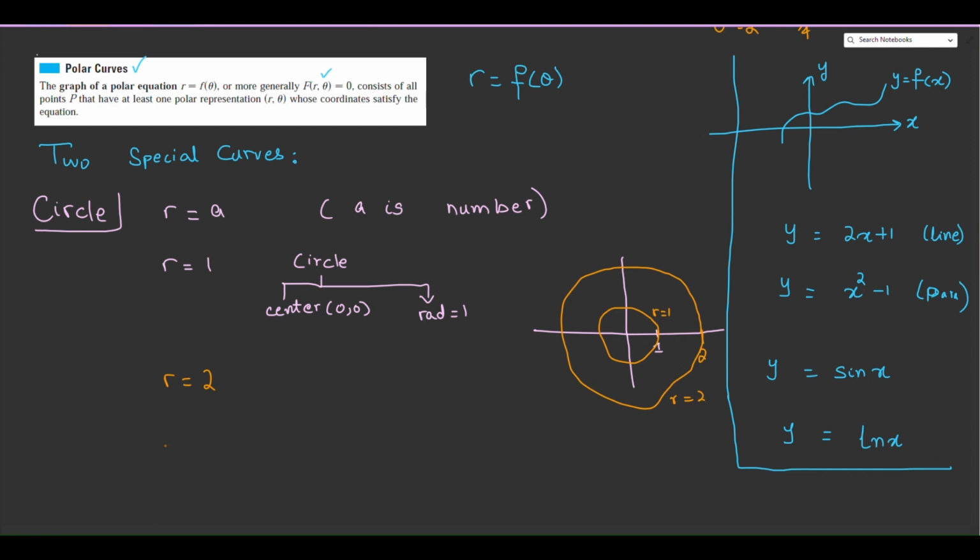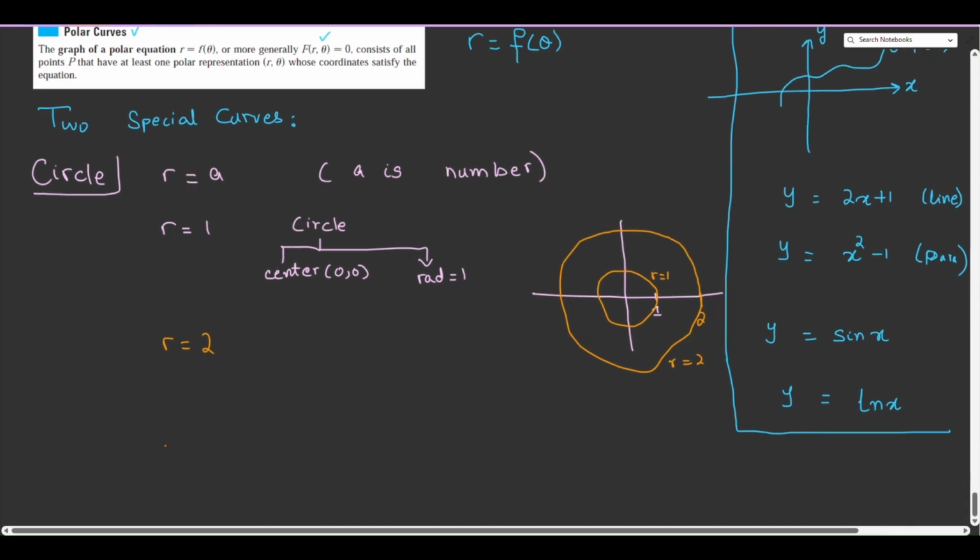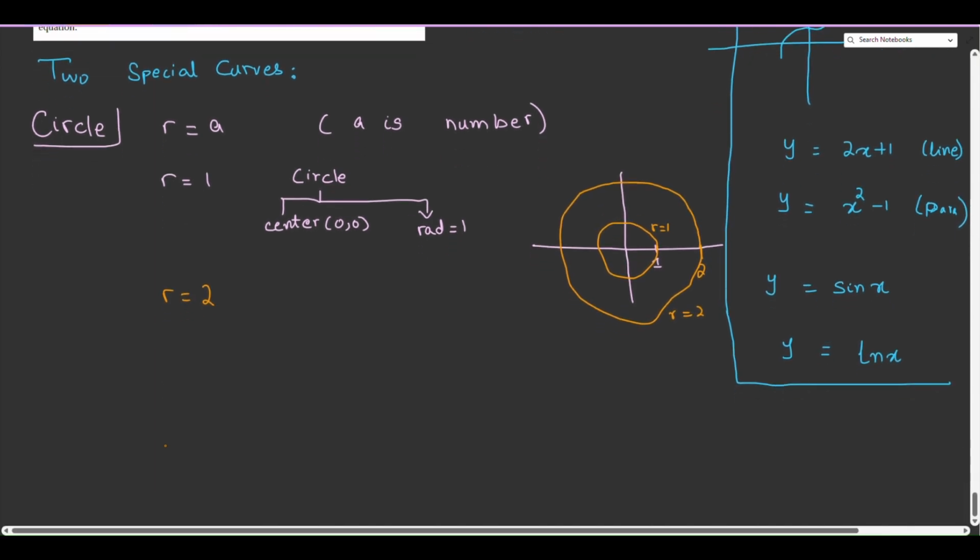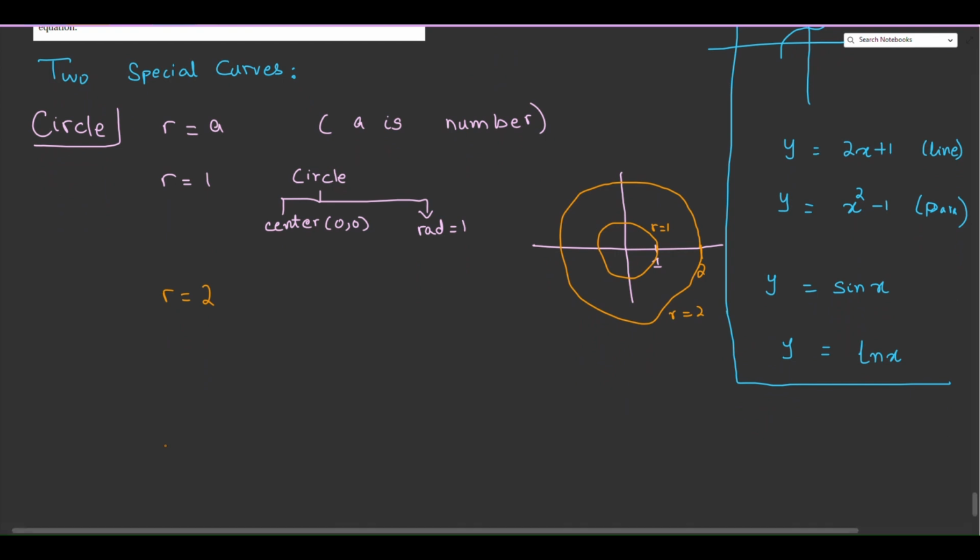If this is given to you, just by looking at it you can decide that it is a circle, its center is the origin, and the radius is whatever number you are given here.